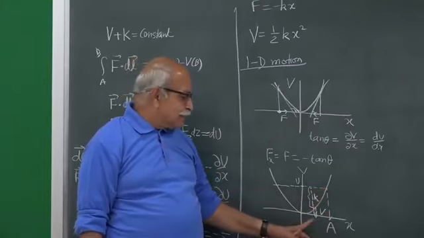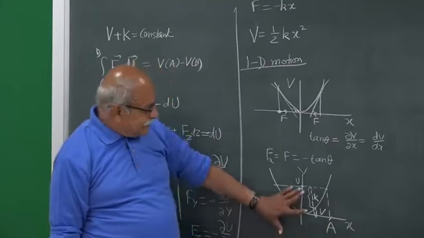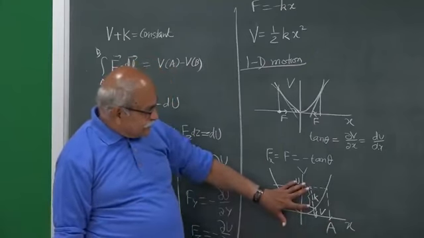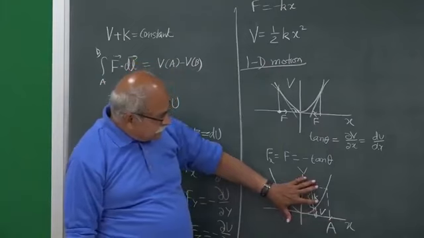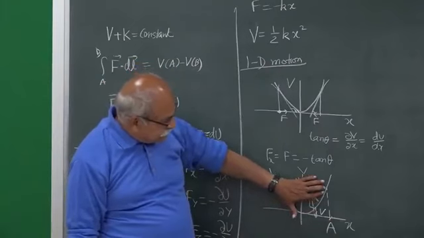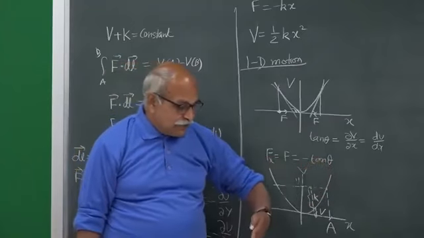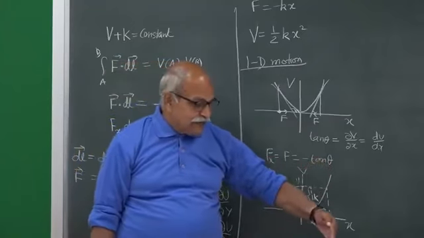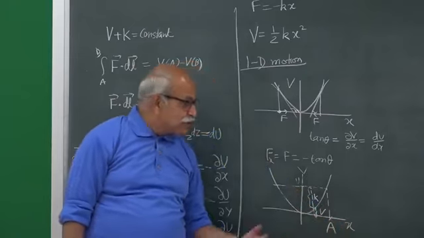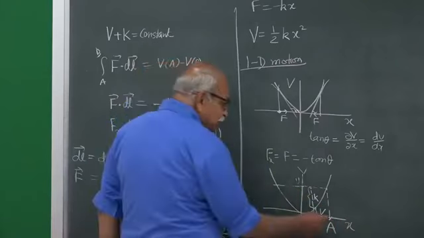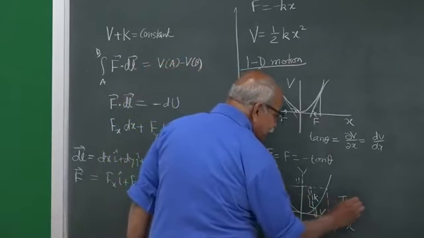So, the particle comes to rest at this position. Here this much was kinetic energy, then as it moved to the right, kinetic energy decreased, and finally it became 0. So, the particle is going away, slowing down, and then it comes to rest, and then it turns back because the force is there. So, this is the turning point.